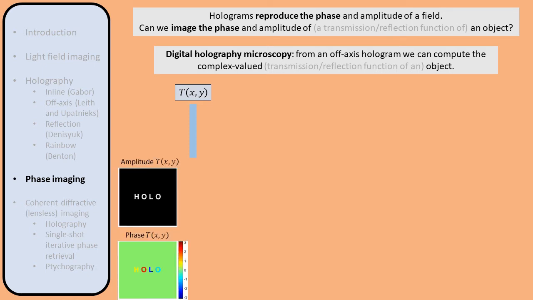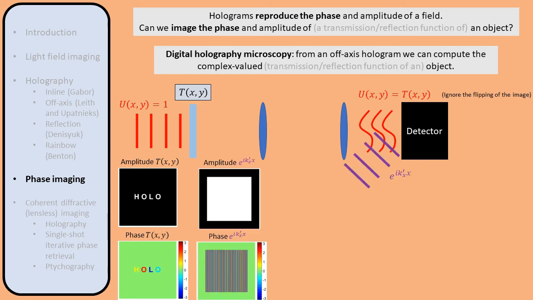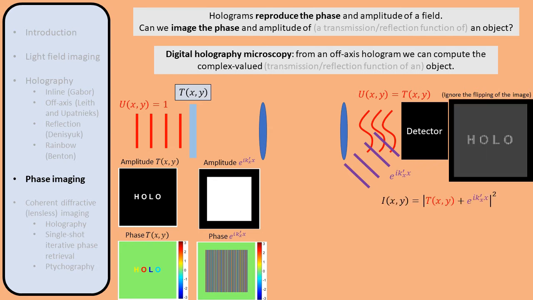We want to measure both the amplitude and phase, while in a normal imaging system, you'd only measure the amplitude. So to measure the phase, we let the field in the image plane interfere with an off-axis plane wave. With a camera, we measure the intensity, which is basically an off-axis hologram. But because this time the intensity is recorded digitally, we can analyze and modify the image computationally.